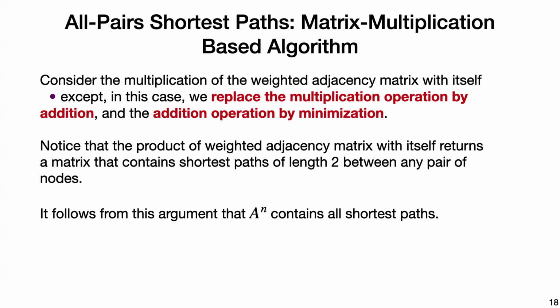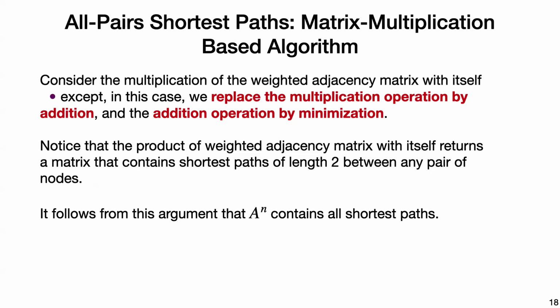When you do matrix multiplication, C of ij is the sum over k of a_ik times b_kj. Now it's going to become min over k. This doesn't change the time complexity at all, because you're just changing the operation.